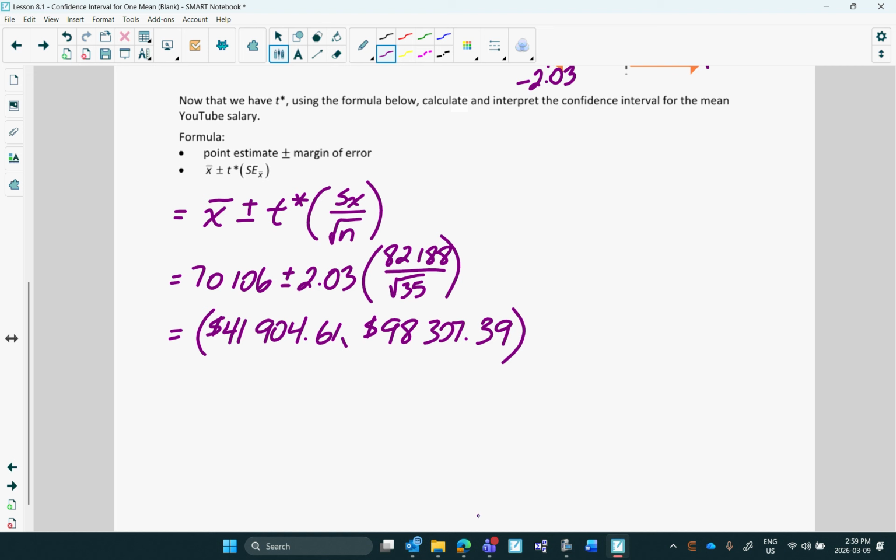So we would say we're 95% confident this interval captures the true mean YouTuber salary. Okay, but I'll write that sentence when we do the state, plan, conclude. Because again, like I showed you every other time, this is the long way. Now we want to do the quicker graphing calculator way.